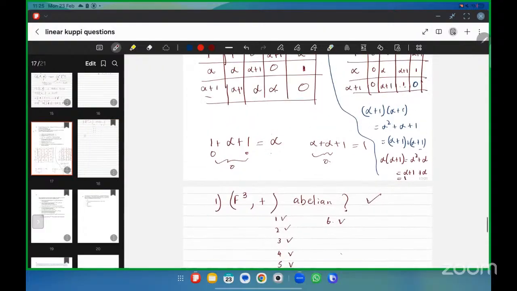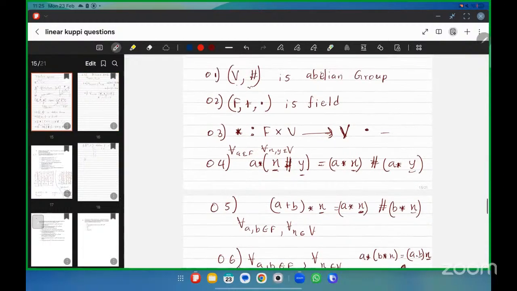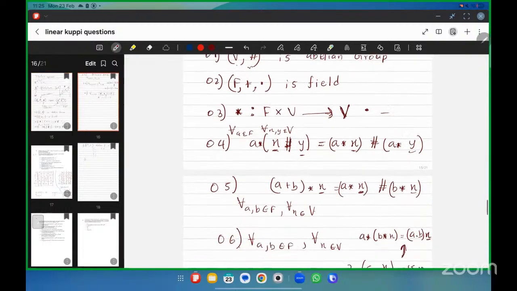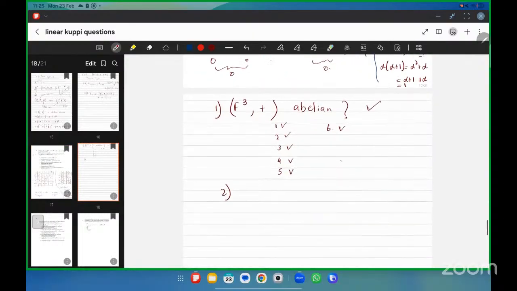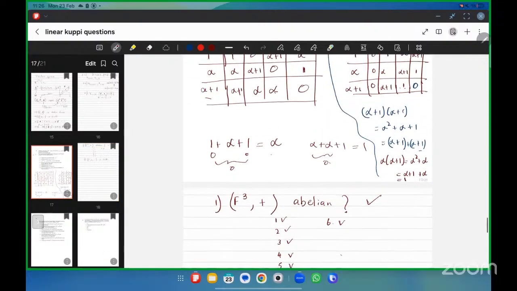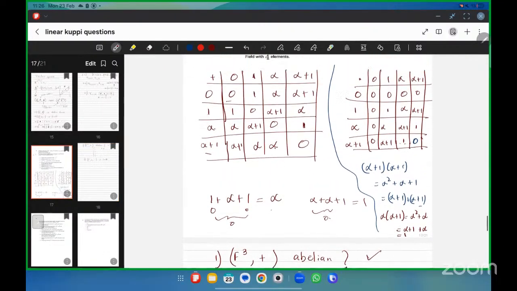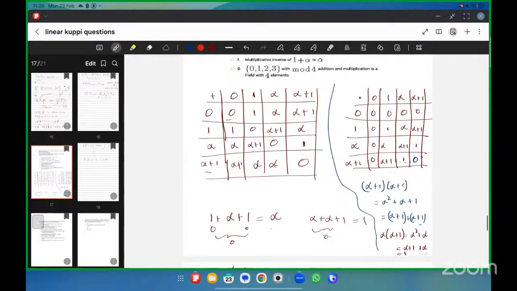And the second condition is whether it's a field. So if plus, dot is a field, then this is an abelian group. For the field, this also should be an abelian group, right?